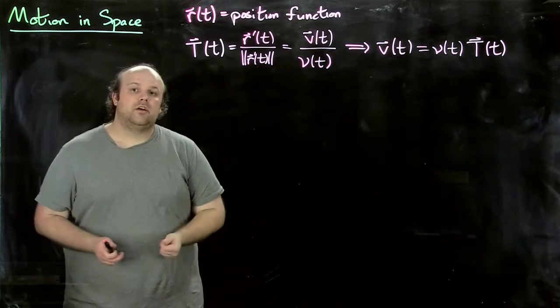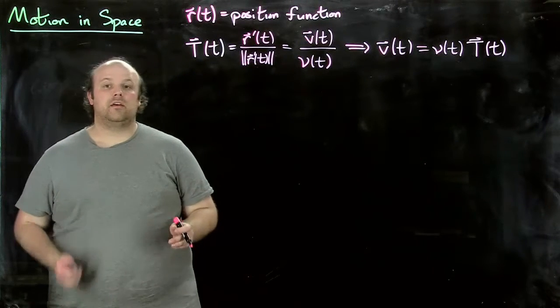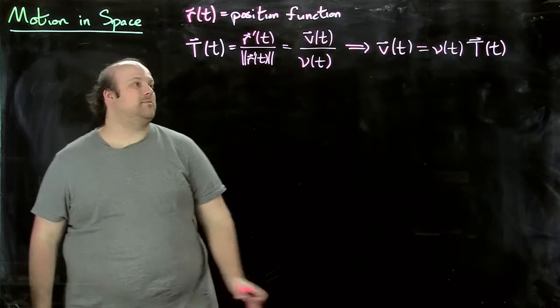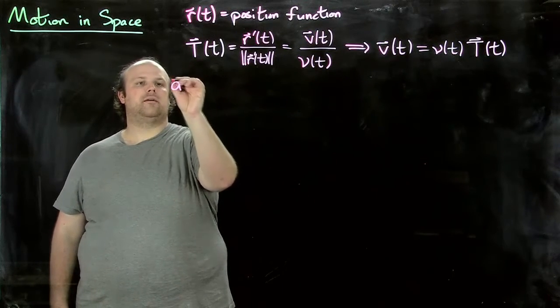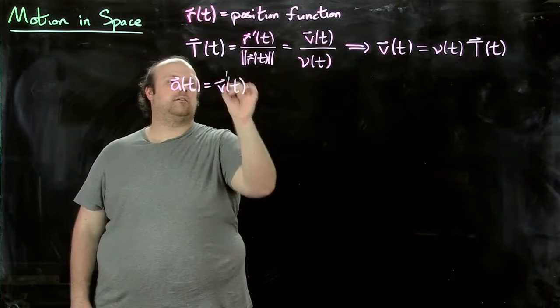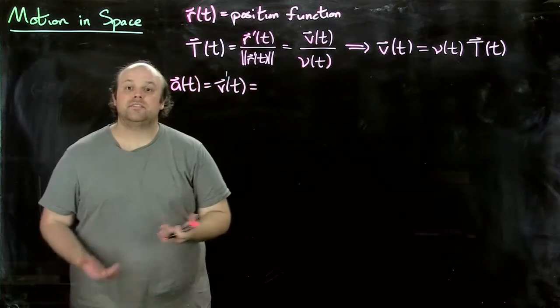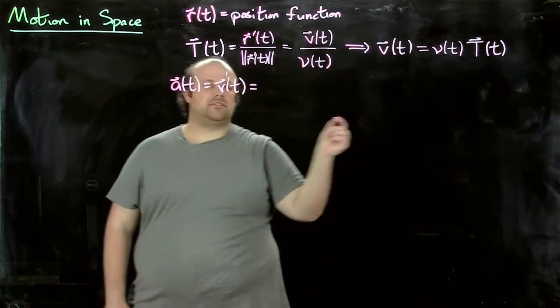Well, how about acceleration? How do we get acceleration? We take the derivative of velocity. So a of t, which is v prime, so let's take this derivative here. We're going to have to use the product rule on this.